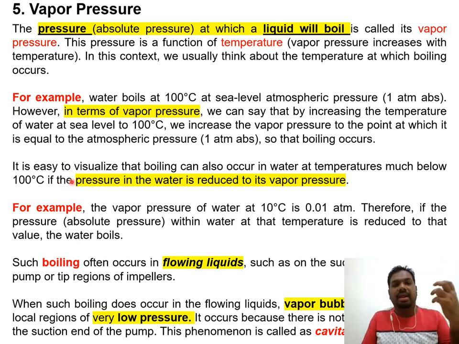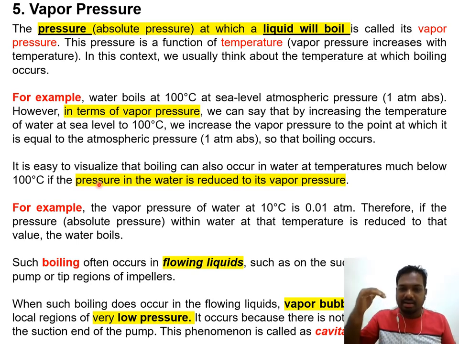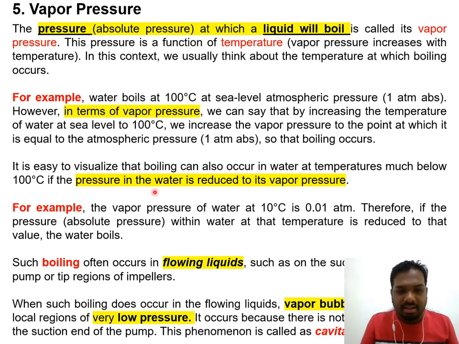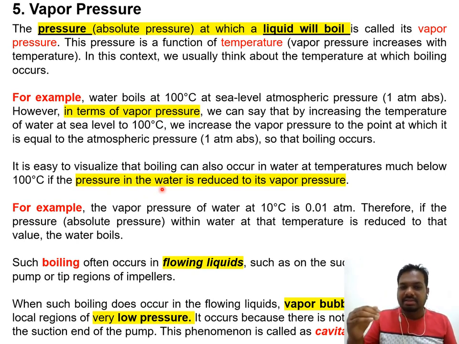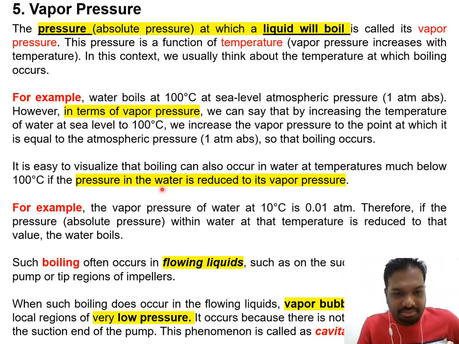That's what I'm trying to make you understand: the boiling of water is not only related to temperature, but also to pressure. When the temperature is achieving 100 degrees Celsius and the pressure is reduced to the vapor pressure, meaning the absolute pressure, the water will start to boil. So it all depends on the vapor pressure.